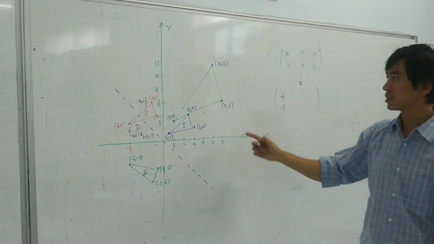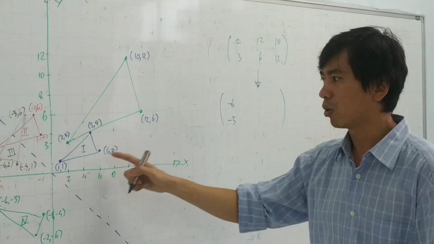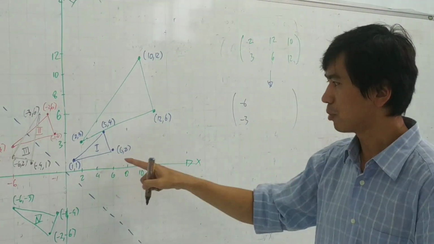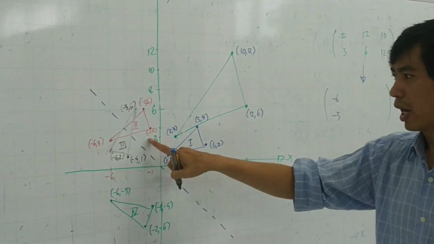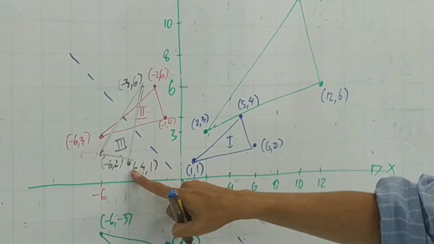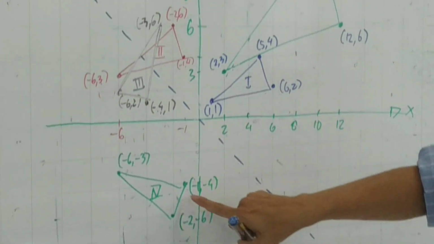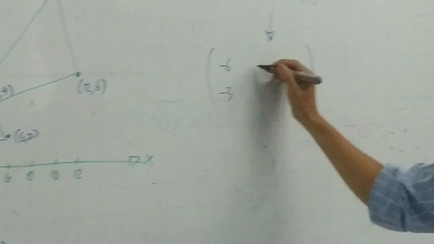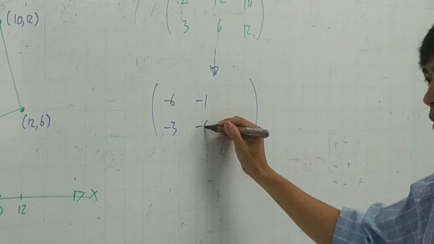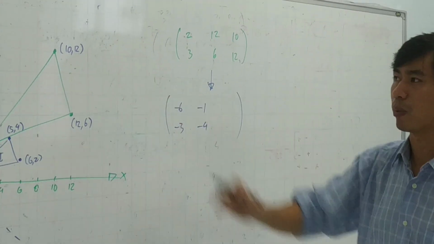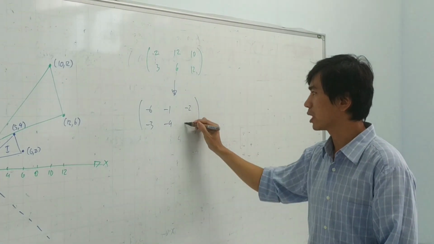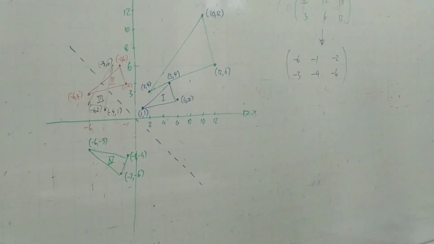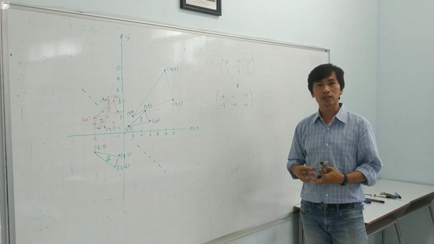While 12, 6 goes through several transformations, becomes 6, 2, then negative 1, 4, then negative 4, 1 by the reflection, and then negative 1, negative 4. You can do the same thing for 10, 12 and you'll get negative 2, negative 6. So that's how we get it graphically.